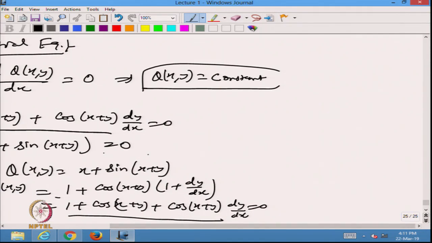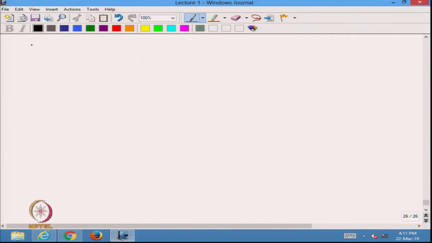So from here I can write that my differential equation becomes d/dx of x plus sin(x plus y) equal to 0, and I can integrate both sides with respect to x.